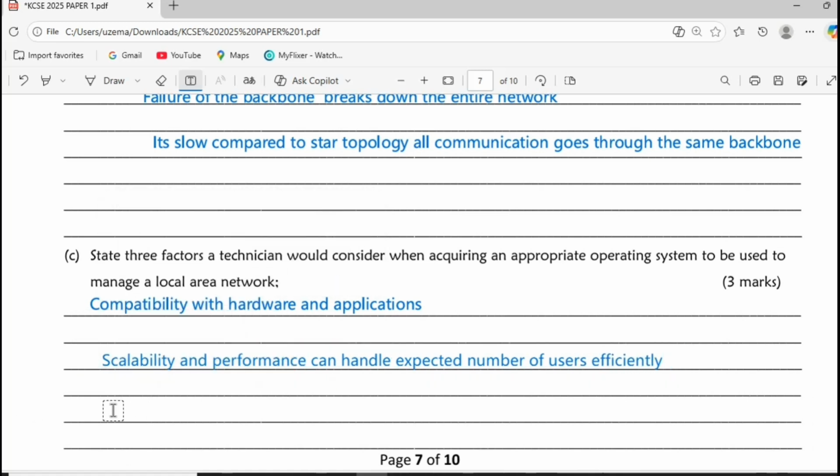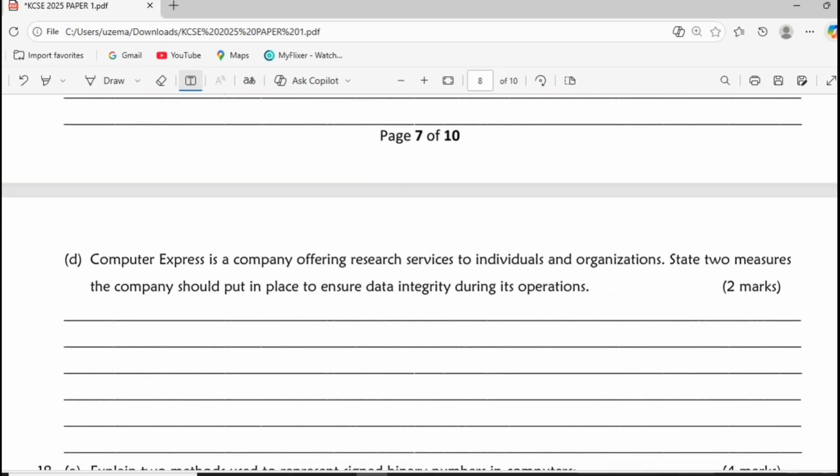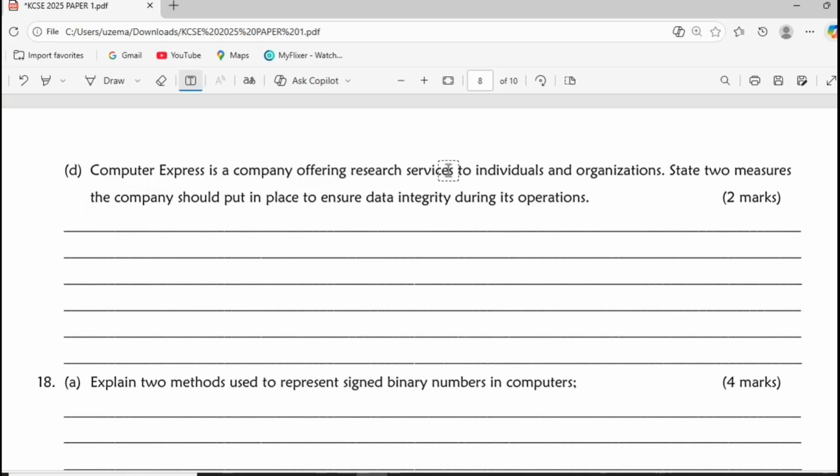Then two is scalability and performance. This operating system should be able to allow expansion or addition of more nodes to scale up, and it should also be able to handle the performance of all these users. Thirdly, and very important on a network, the security of the operating system is very key.